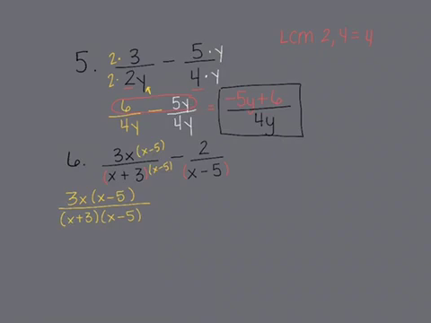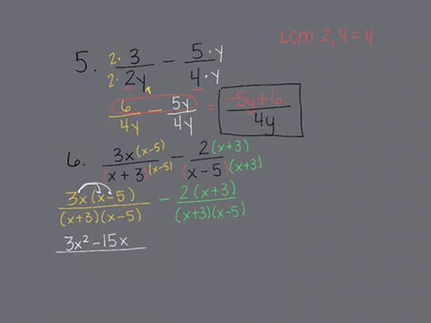Now the second one has the x minus 5, but it doesn't have the x plus 3. So I'm going to multiply top and bottom by x plus 3. So I'll have minus 2 times x plus 3, I'll distribute that in a moment, over x plus 3 times x minus 5. So now I'm going to take care of the distribution. 3x times x is 3x squared. 3x times negative 5 is negative 15x.